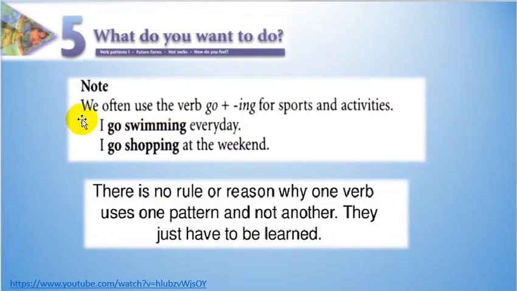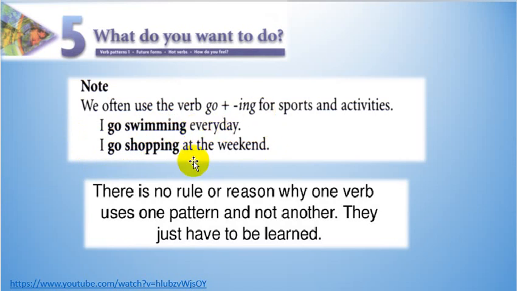Now, we often use the verb go plus ing, verb with ing form, for sports and activities. Example: I go swimming every day. I go shopping. This is an activity. This is a sport. I go shopping at the weekend. So, using go plus verb with ing refers to sports or activities.